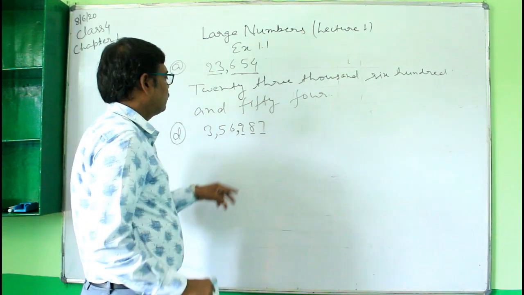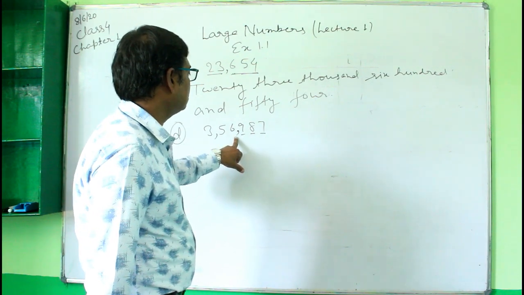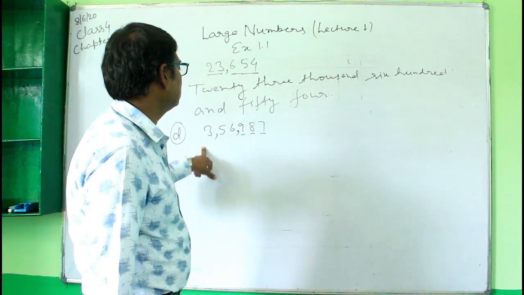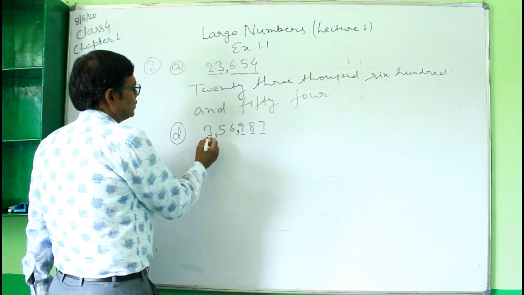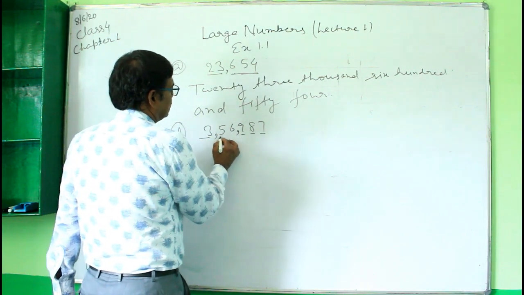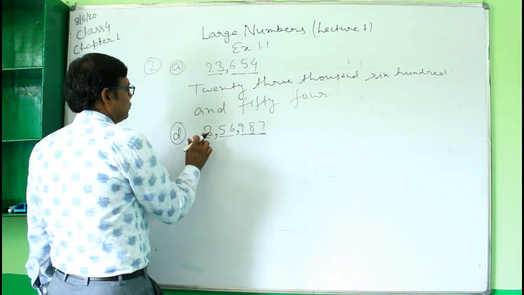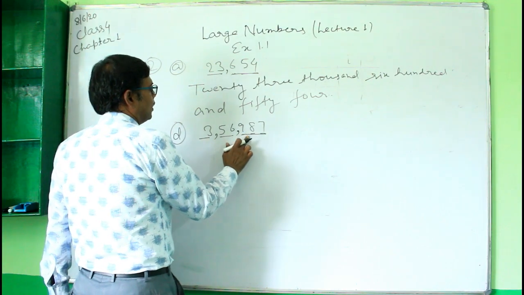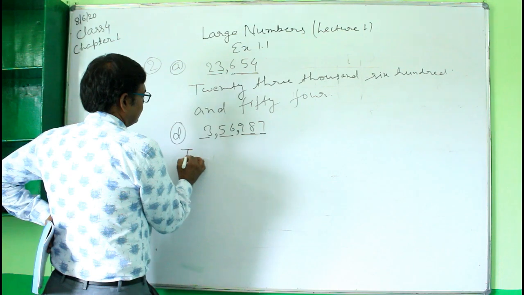That is, the first period will be before 3 digits, and then next will be after 2 digits. So now we have separated the periods. This is the lakhs period, this is the thousands period, and this is the ones period. So what is the name of this? This will be 3,56,987. So first I get that 3 lakh.